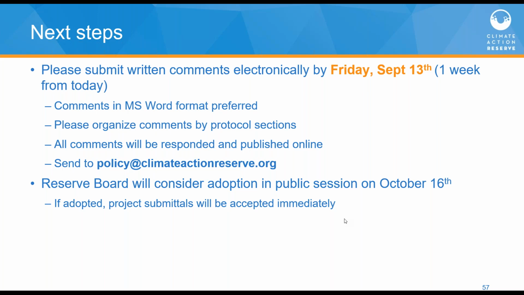We will consolidate them into one summary of comments, and we will respond to all of the comments and publish those responses online. You send your comments to us via email at policy@climateactionreserve.org. Feel free to copy any of us directly if you feel like you're not getting through, but that's an email account that's monitored by multiple staff. The next step after that is that the board will consider adoption on October 16th.